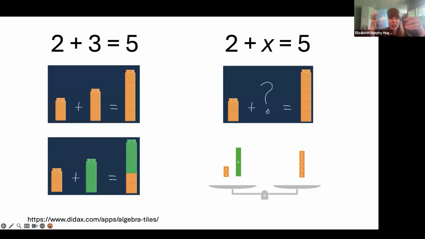How many objects do you think are in my cup? And then my kids would tell me, and we would check it. The cup, the unknown, really represents that X, that unknown in algebra. So even in preschool, kids can start to understand those algebra concepts.